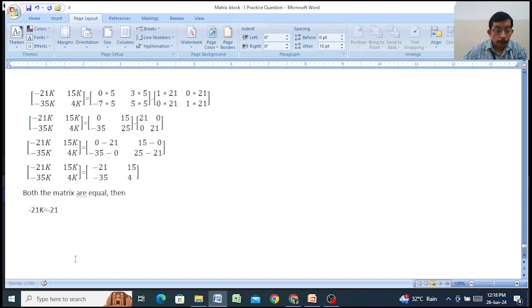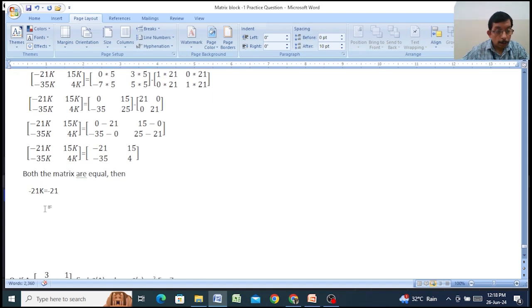Then k is equal to minus 21 divided by minus 21, that is 1. Okay, the value of k is equal to 1. This is the final answer.